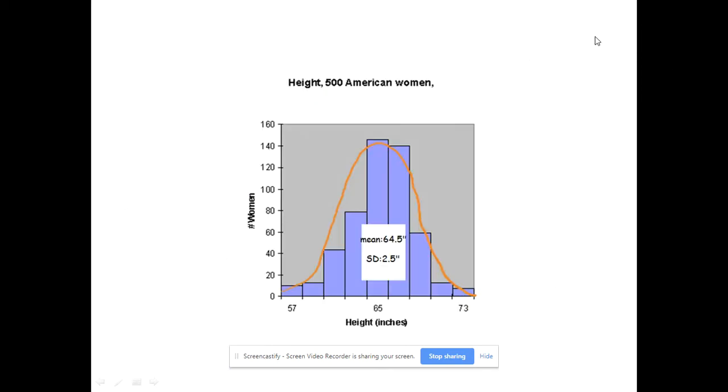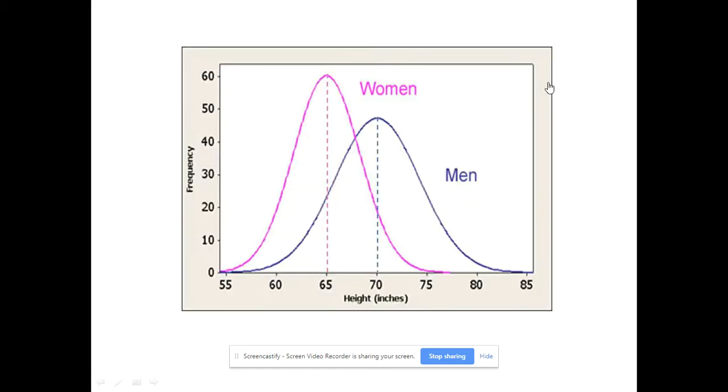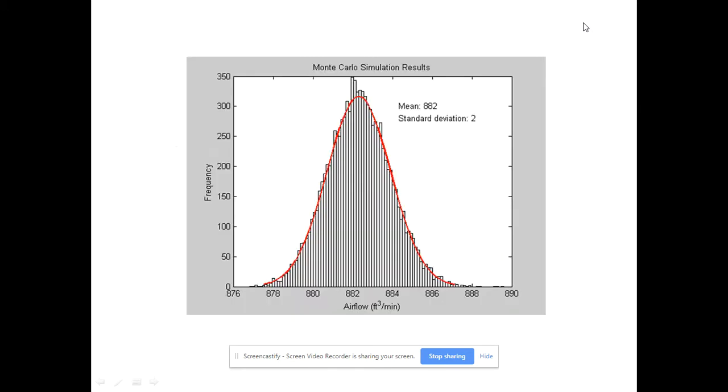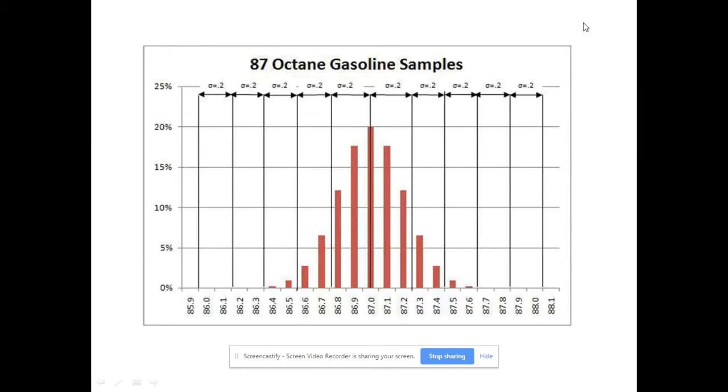Men's height, average women's height. Here is men and women on one chart. So the frequency of women is more. They just interviewed more people. Their average height is 65 inches. A man's average height would be 70 inches. There's lots and lots of data that you can see would follow this pattern.